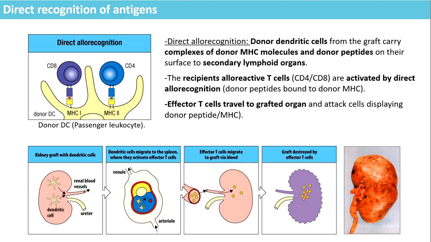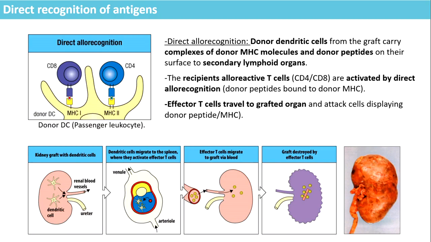Now this slide is summarizing the events that go on in direct recognition. What we have here is a donor dendritic cell within the graft, so you can see that here. That donor dendritic cell will be expressing donor MHC, but it will also be expressing donor peptides within the context of that.